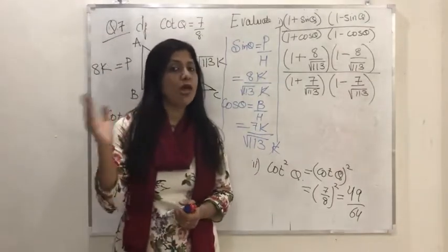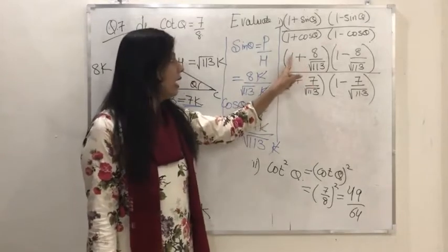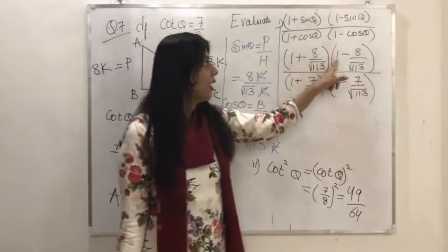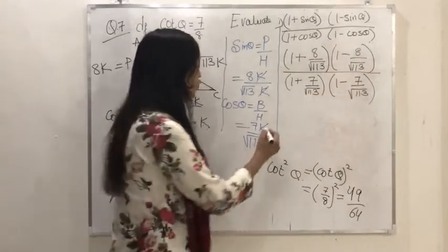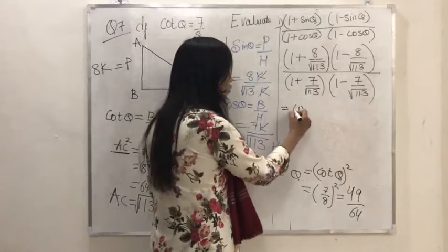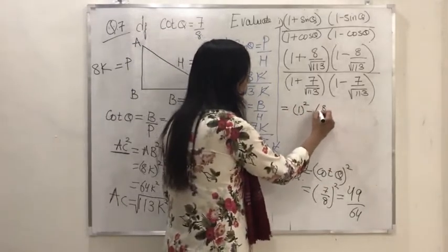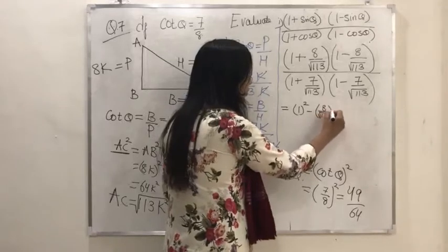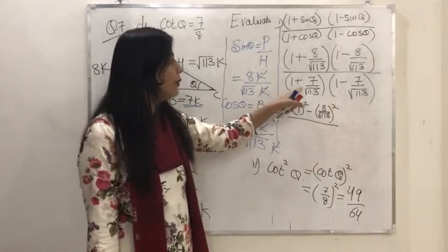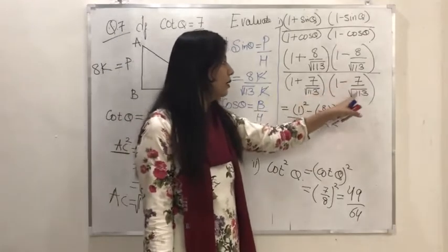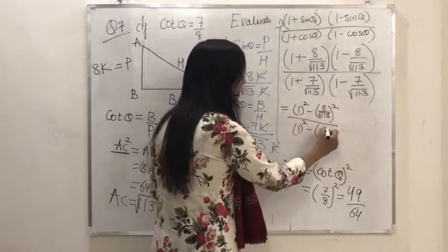That is a square minus b square. So the same identity we will apply here. A plus b times a minus b will be equal to a square minus b square. So here my a is 1 and my b is the other term. A similar identity I will apply in the denominator.